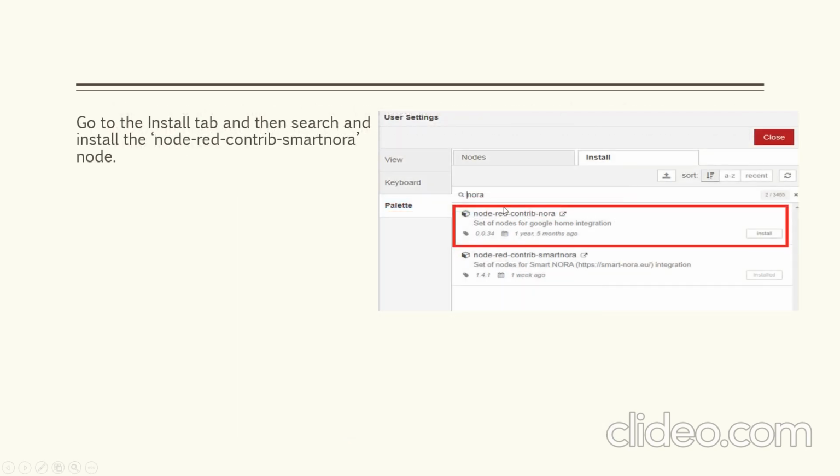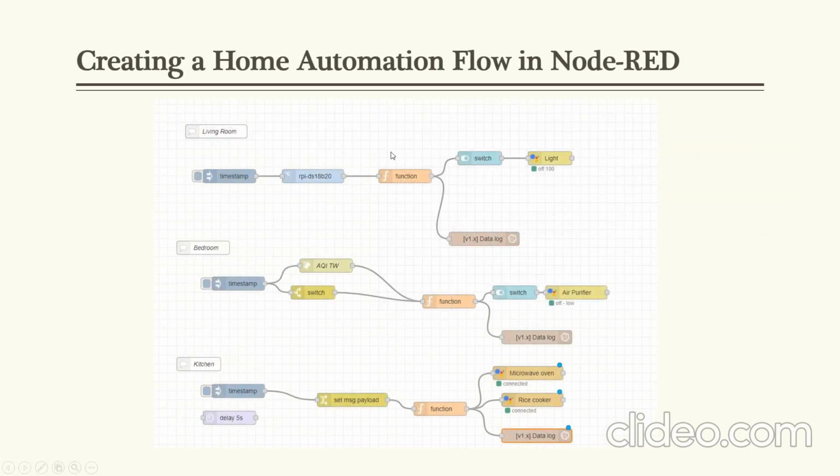Then we download Smart Nora and use the following node flows. We have 3 rooms here: living room, bedroom and kitchen. The living room has the light, the bedroom has the air purifier, and the kitchen has the microwave oven and the rice cooker. I'm going to show how to do that.